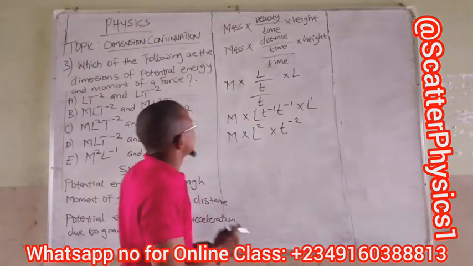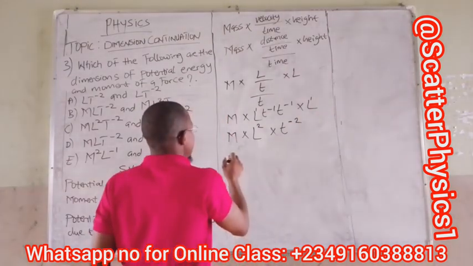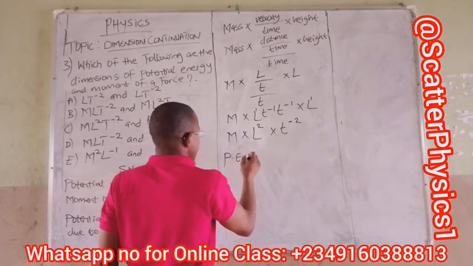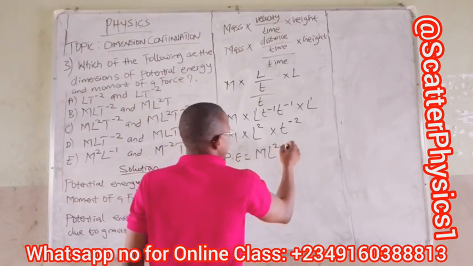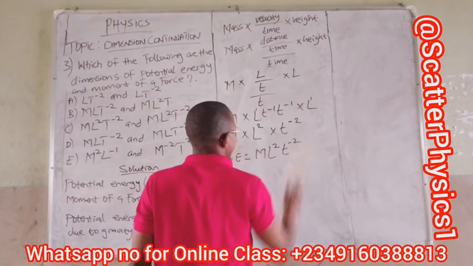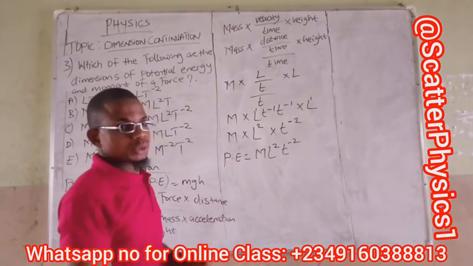So potential energy is equal to M L to the power 2 T to the power minus 2. This is for potential energy.